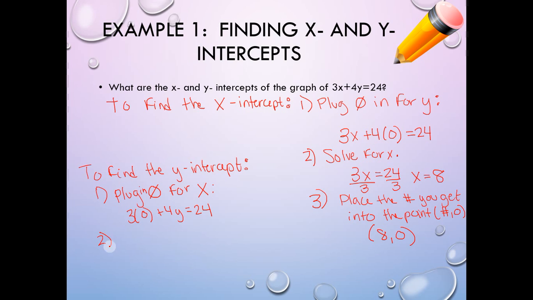Just like last time, but solving for y, we have 4y equals 24, so y is 6. Then place the number you get into the point: 0, comma, whatever number you got.